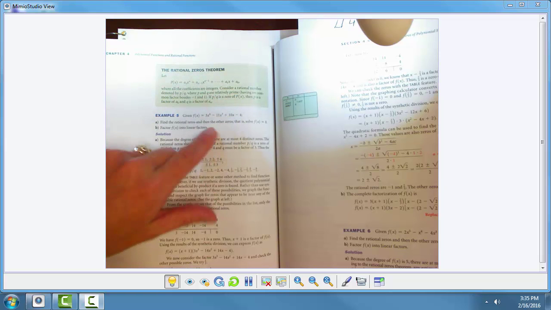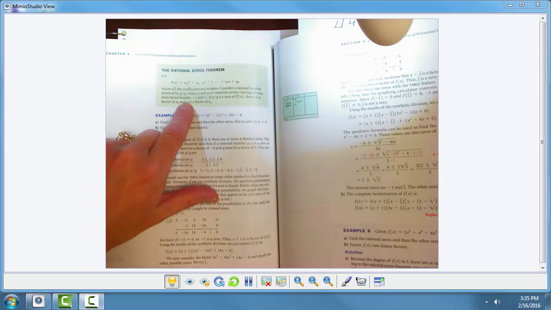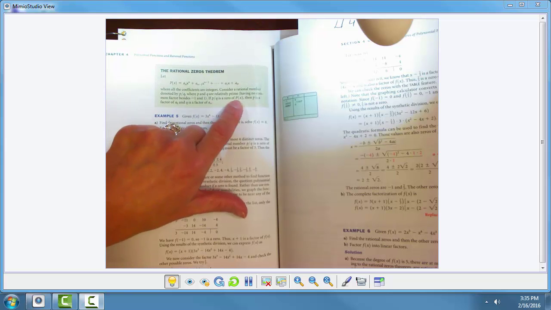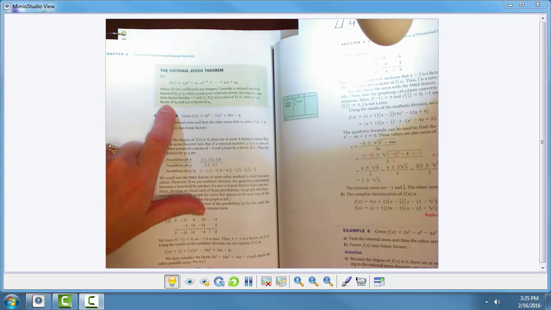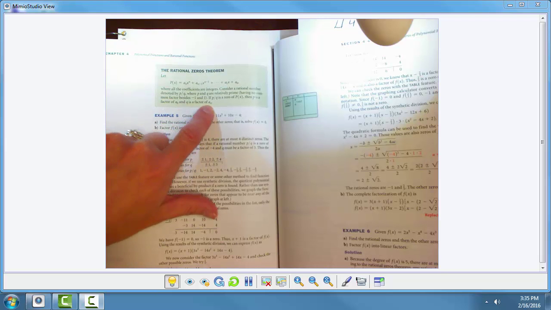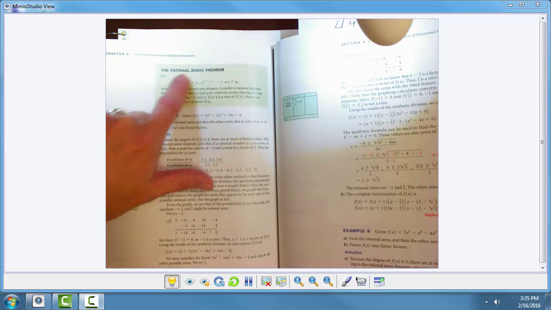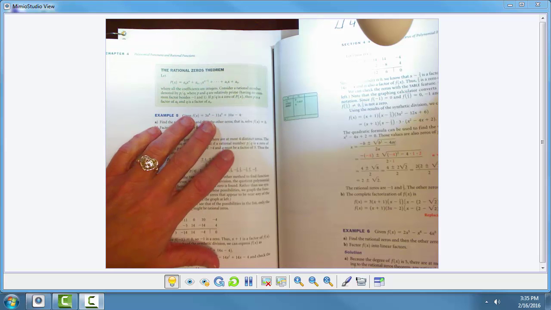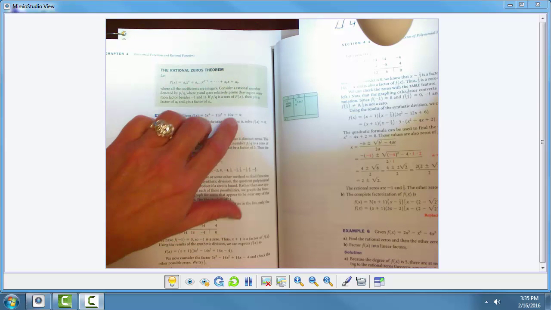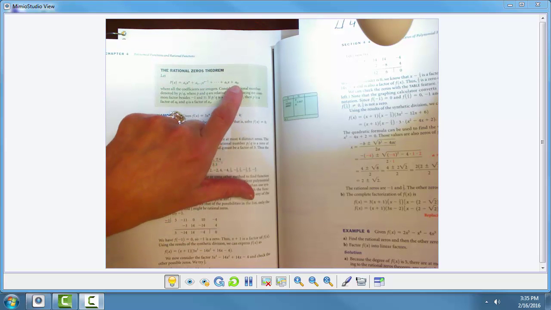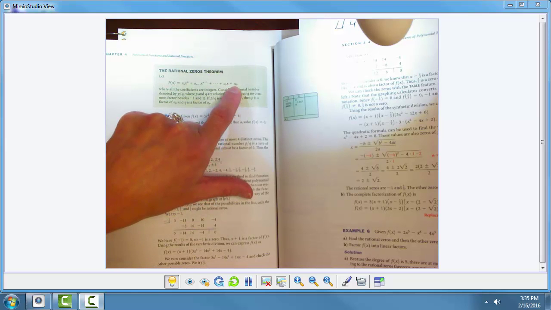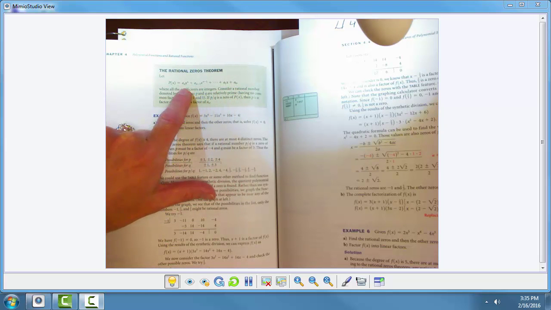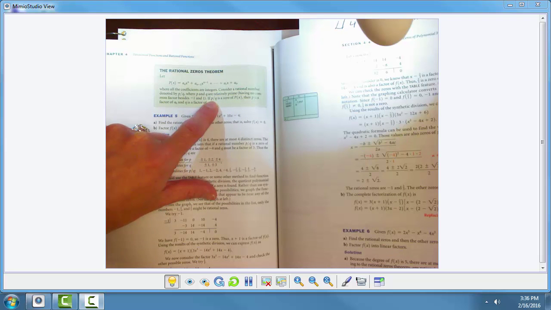If p over q is a 0 of p of x, then p is a factor of a sub naught, and q is a factor of a sub n. What all that means is that your possible rational zeros can be found by dividing factors of the constant by factors of the leading coefficient. That's where that p over q comes in. That's what that means.